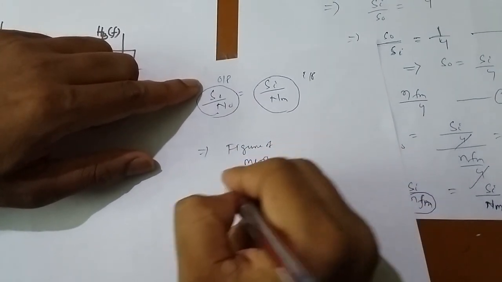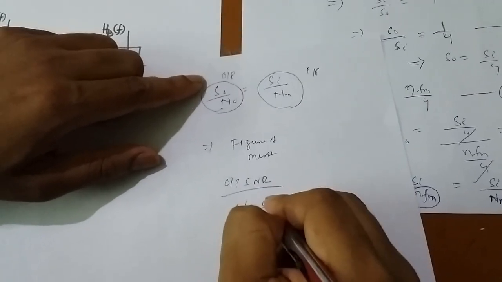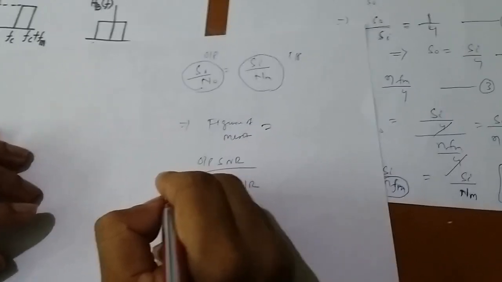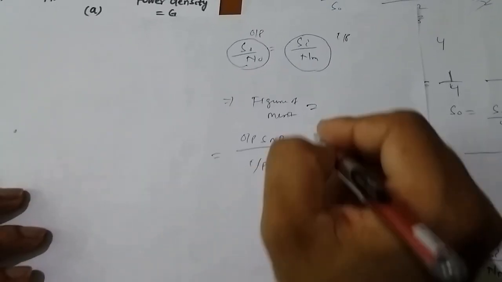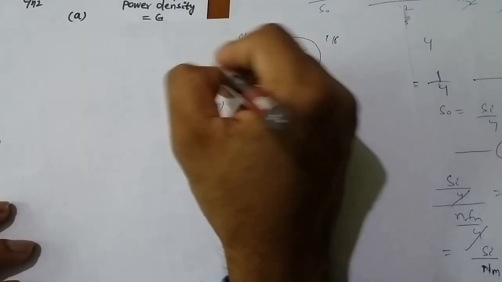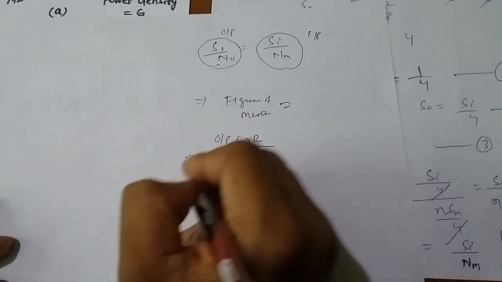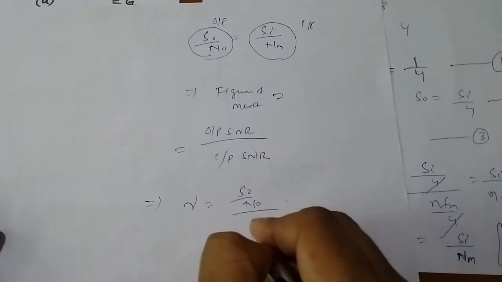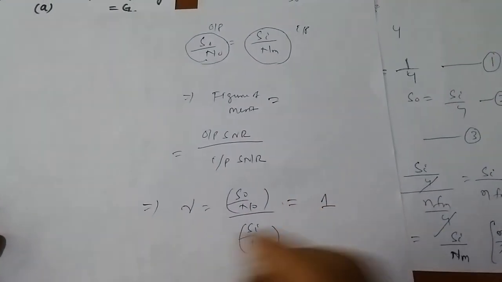This figure of merit is defined as output SNR by input SNR. We denote this as gamma. Gamma is S0 by N0 divided by Si by Nm, which is 1.